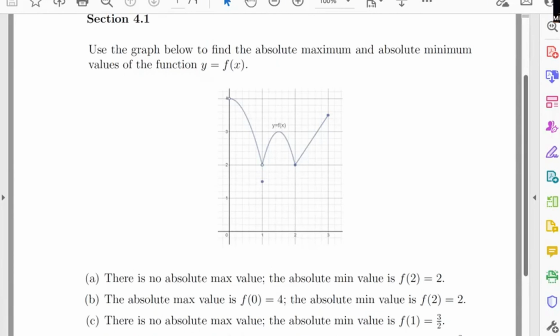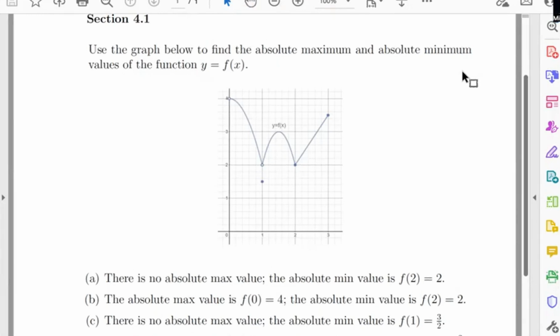The absolute minimum occurs when x is 1, and we have that y is 1.5 or 3/2. Even though that's not a connected part of the graph, it's still part of the graph. So in this example, there's no absolute max value, but there is an absolute min value, and that occurs at x equals 1, and the min value is 3/2. So letter C is the correct answer for this one.